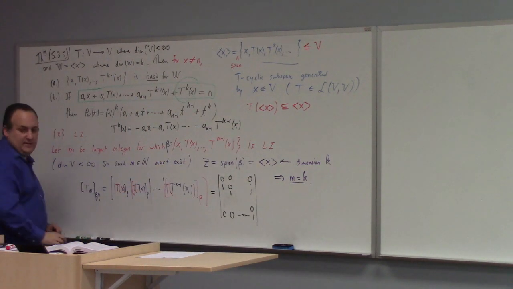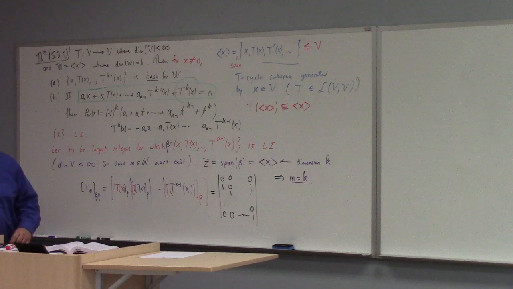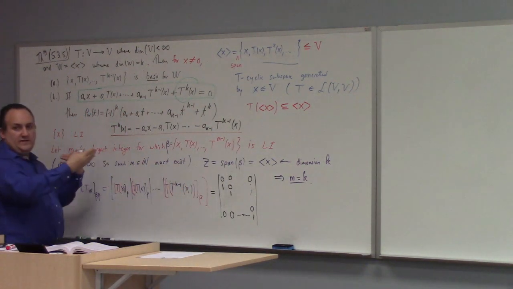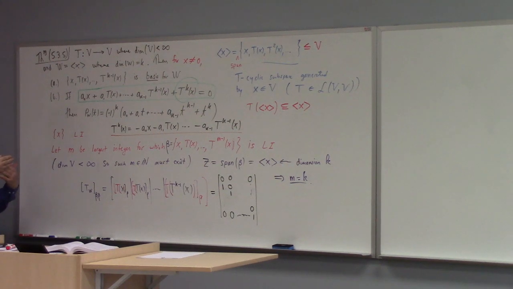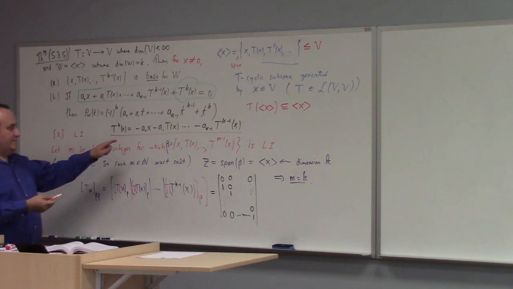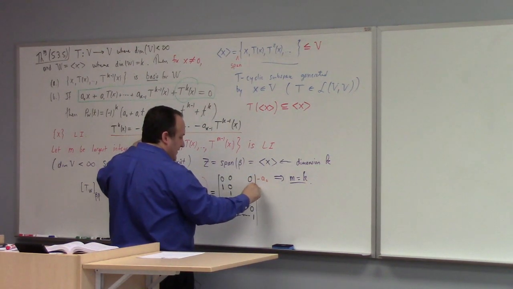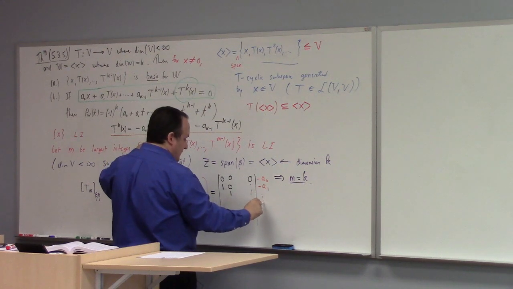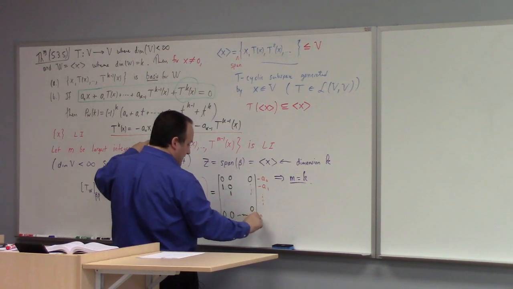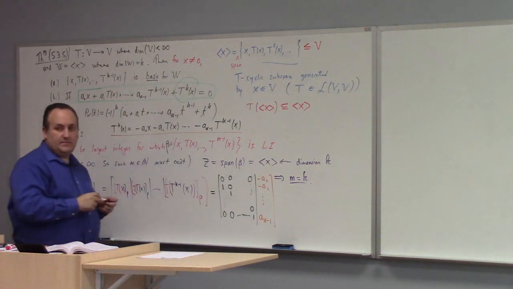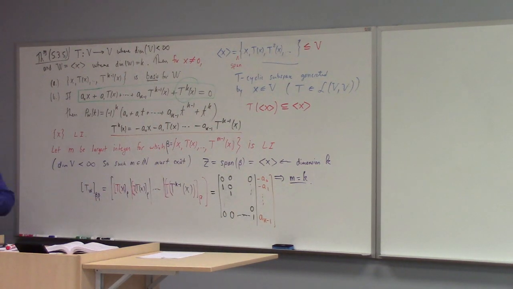So this equation that I'm about to underline in orange tells you what the coordinates are for T acting on the last basis element, right? Because that puts a minus a0 here, and then next up minus a1, and so forth, all the way down, until finally a_{k-1}. All right? So that's the matrix with respect to the T-cyclic basis.